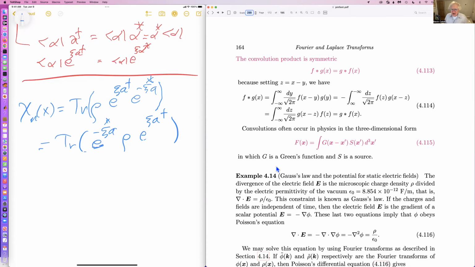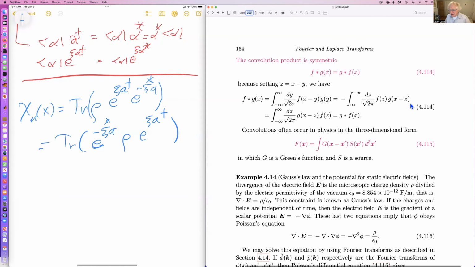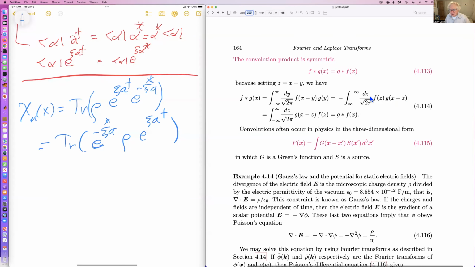And the way to see that is you can write f convolved with g. Well, this is the definition of the convolution. Now you set z equal to x minus y, and then y is x minus z. So we have this. But now dy is minus dz, and the y integration was from minus infinity to plus infinity, so it goes from plus infinity to minus infinity in dz.